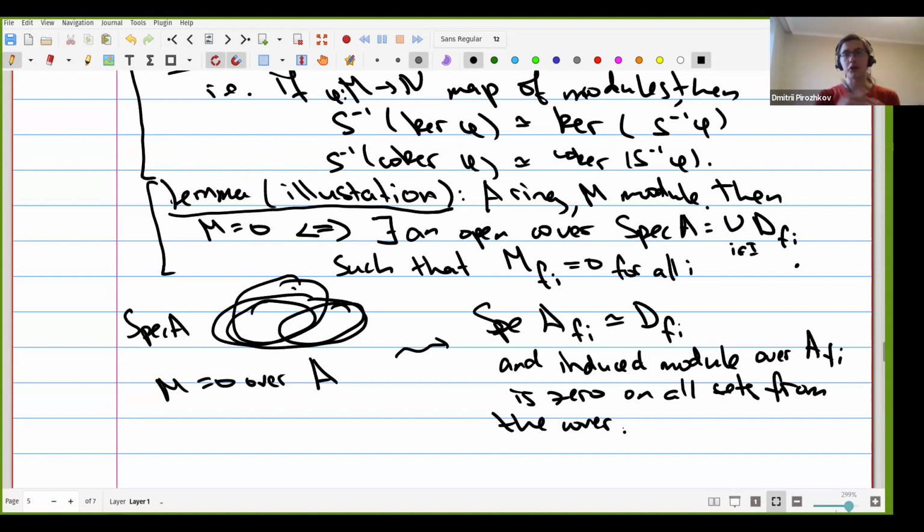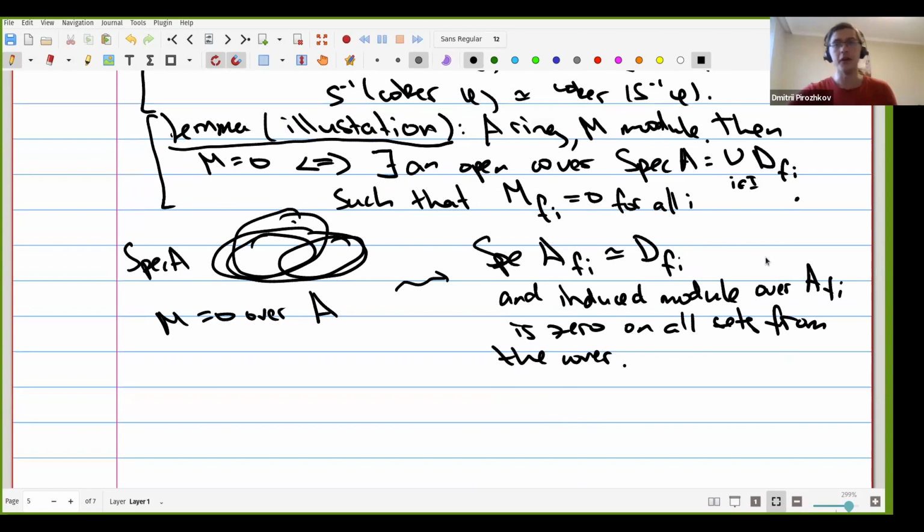you can cover its spectrum by the strings that may, for some reason, be easier for you to handle, and check the property only on each distinguished open subset.